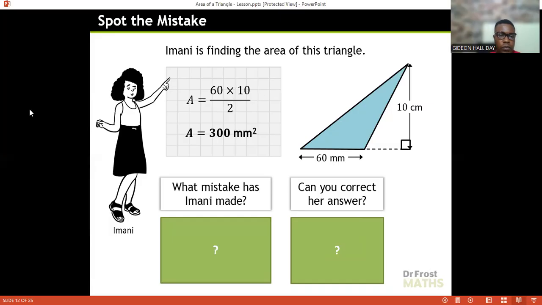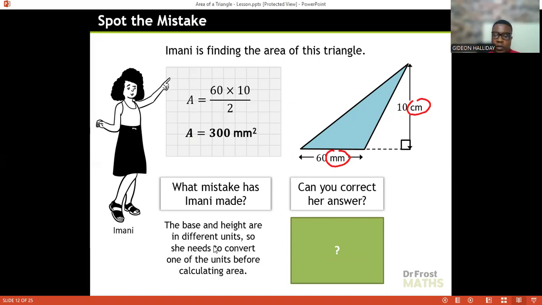Now, you will notice that this is in millimeters, while this is in centimeters. They can't work. They have to have the same units, right? So what do we do? The mistake is that the base and height are in different units. So she needs to convert one of the units before calculating area. We can convert 60 millimeters to centimeters. Remember your King Henry died unexpectedly drinking chocolate milk.